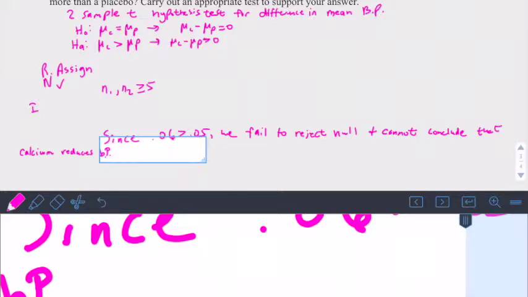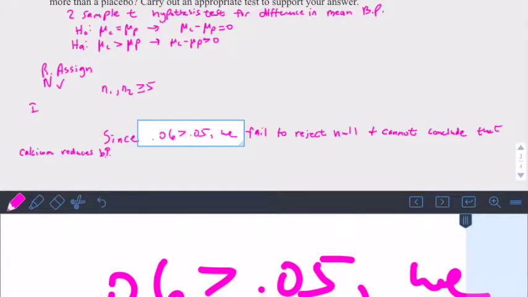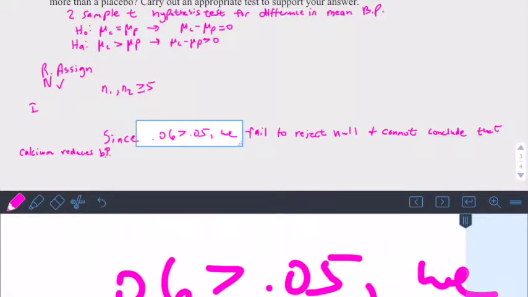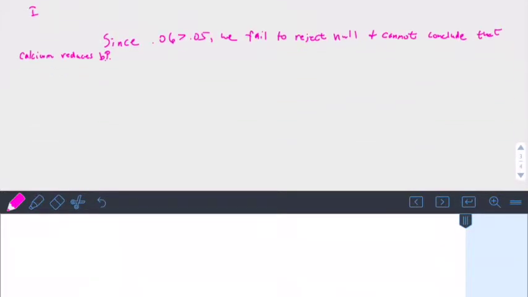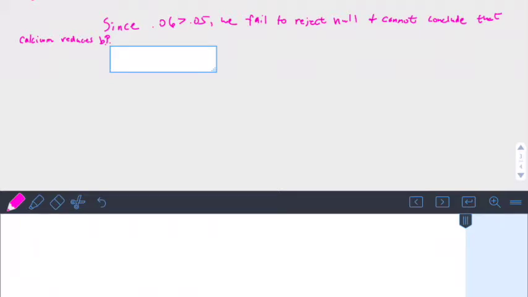Okay, now remember there's more to this than that, but statistically speaking, it wasn't quite a large enough difference. All right, so we'll do a lot of practice with this in class, but it's really not that bad.